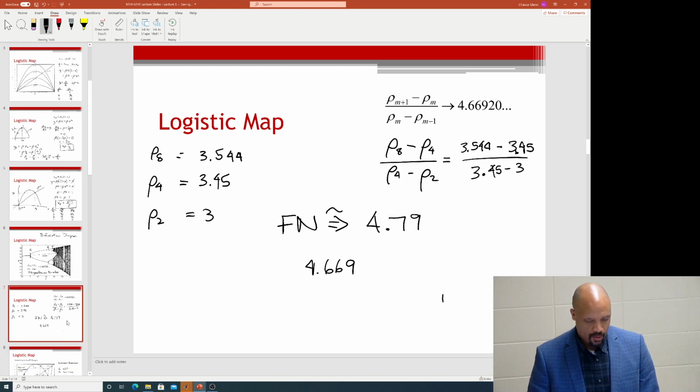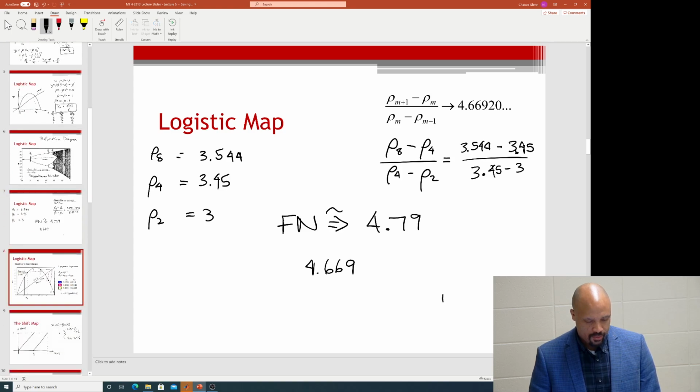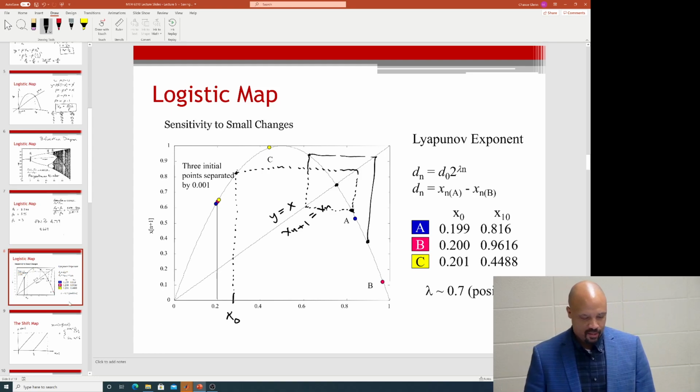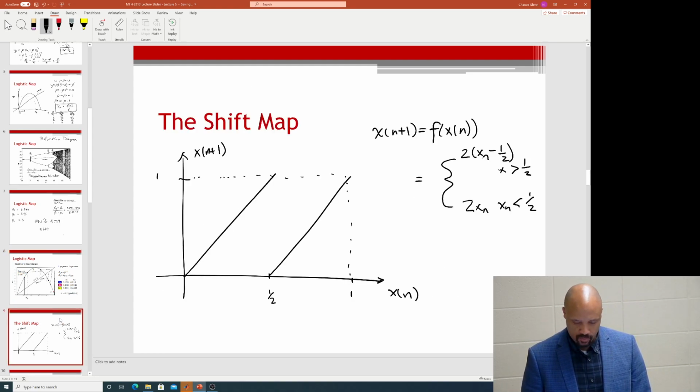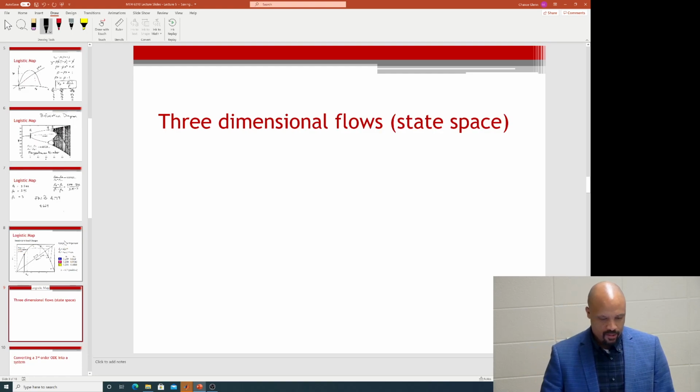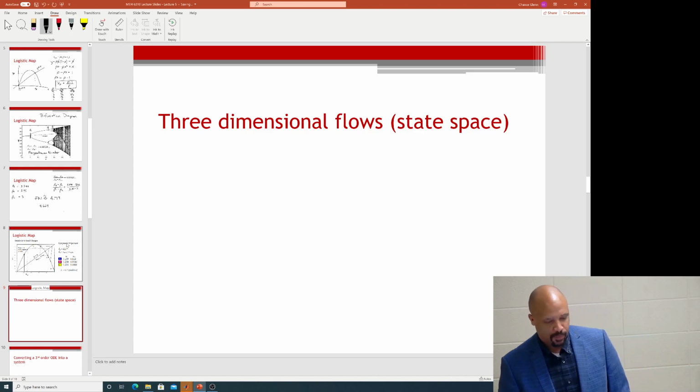All right, now one more thing I want to try to cover in this, and then we'll end it there, is this Lyapunov exponent.